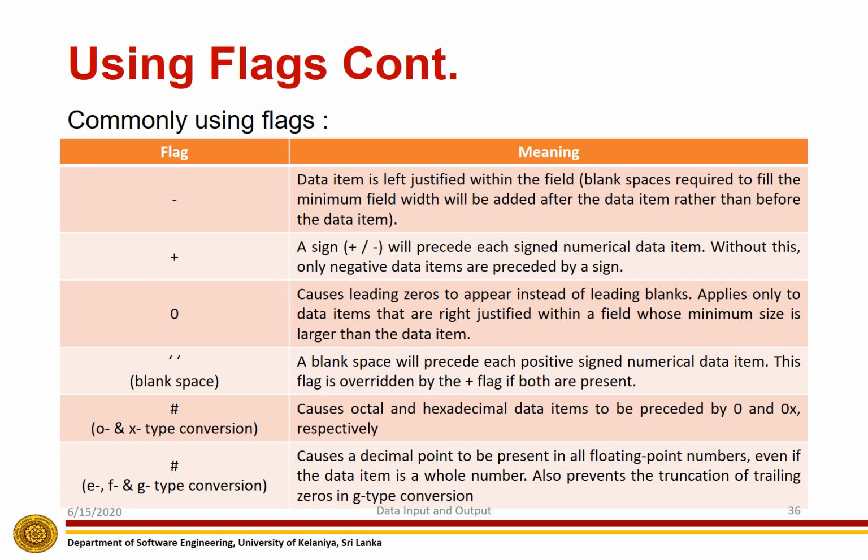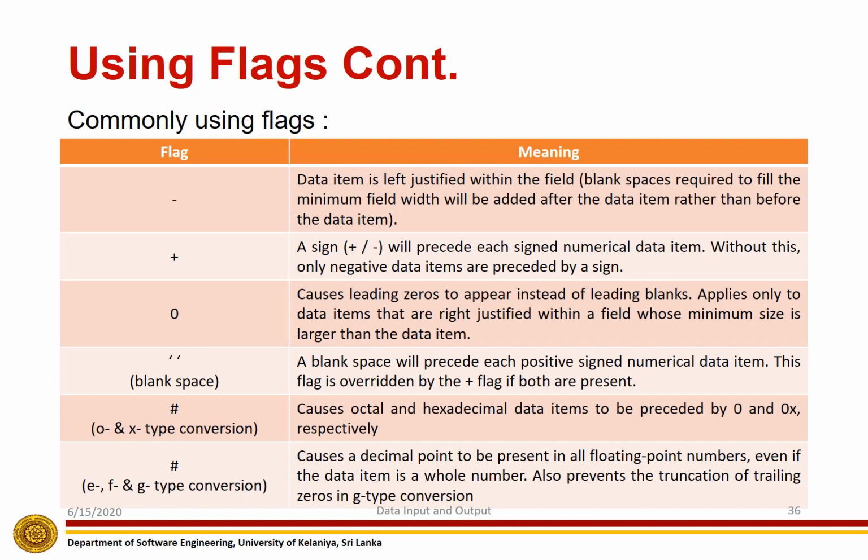Then 0 causes leading zeros to appear instead of leading blanks. It applies only to data items that are right justified within a field whose minimum size is larger than the data item. And the next one is the blank space. A blank space will precede each positive signed numerical data item.